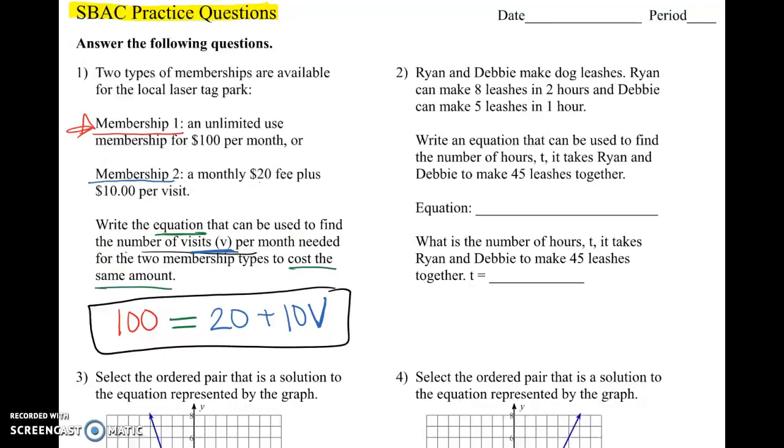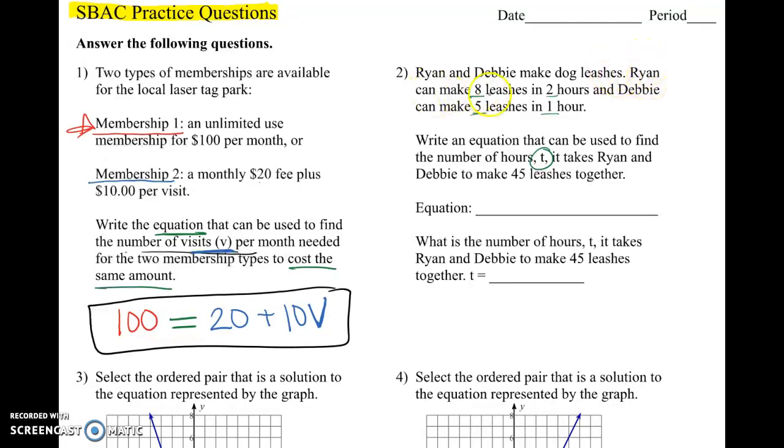Question number 2 says Ryan and Debbie make dog leashes. Ryan can make 8 leashes in 2 hours, and Debbie can make 5 leashes in 1 hour. Write an equation that can be used to find the number of hours T it takes Ryan and Debbie to make 45 leashes together. So if we think about this per hour, how much does each person make?